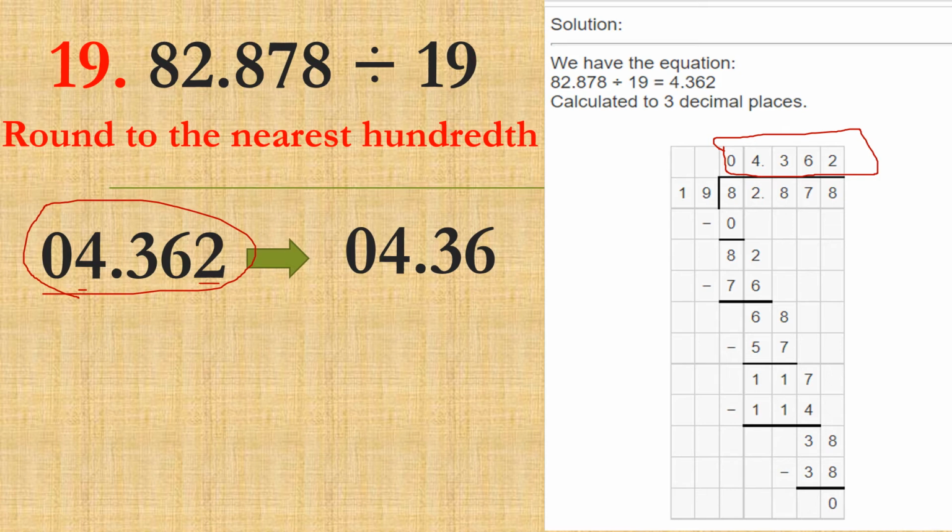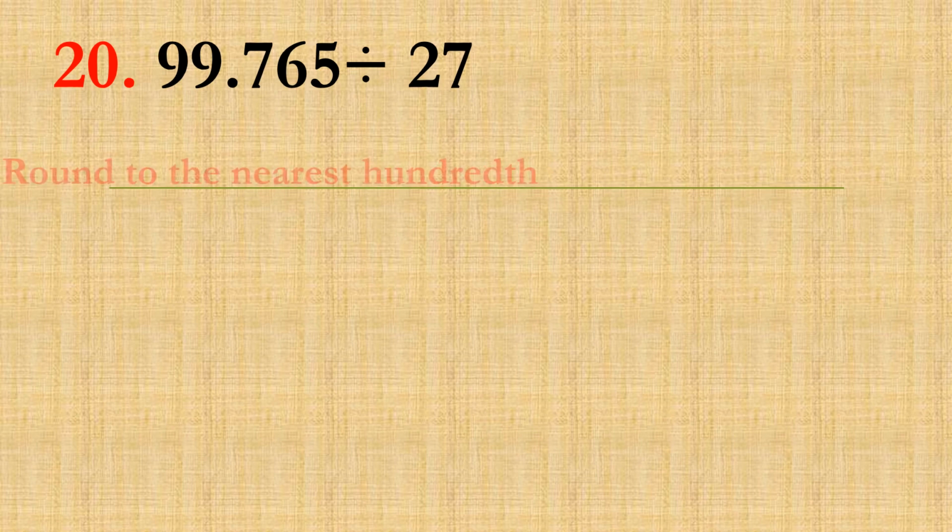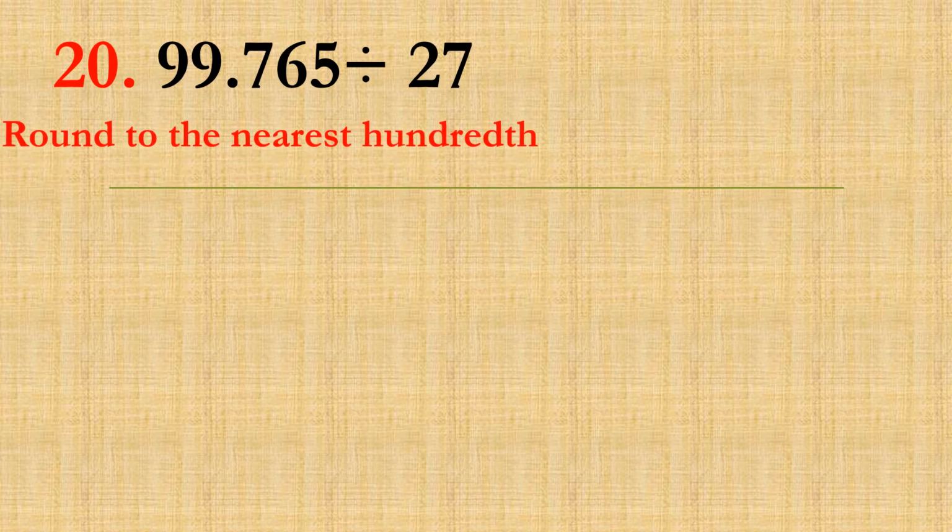So 4.36, round to the nearest hundredths. Okay, number 20, 99.765 divided by 27. Round your answer to the nearest hundredths. Same as we did in number 19.